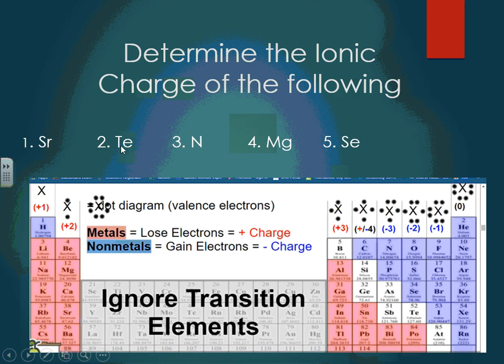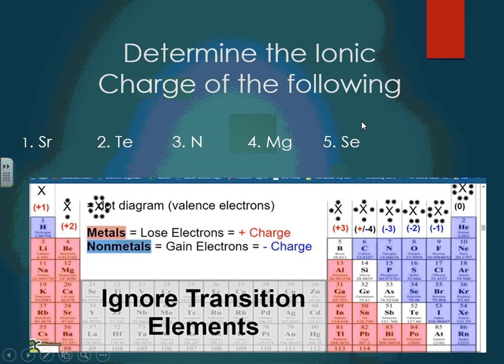If you look at Te, if you find it on the periodic table, you'll find its charge is right here, -2. So forth, if we look at nitrogen, we notice that nitrogen is in this column, so it gets a charge of -3. If we look at magnesium, we see it over here for Mg, and that's a +2.